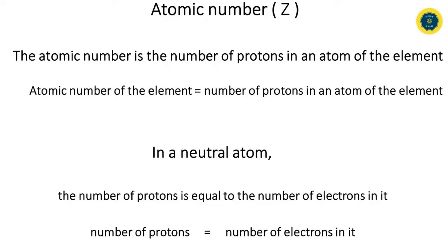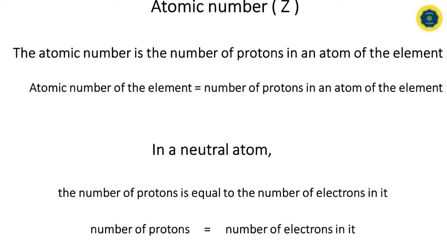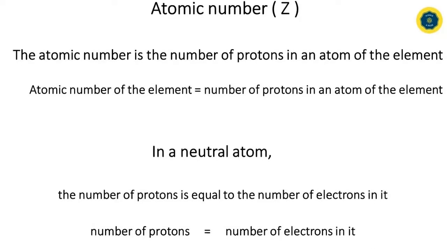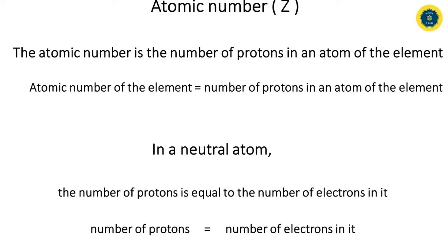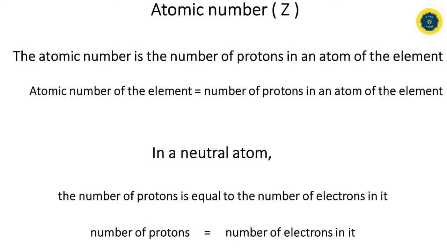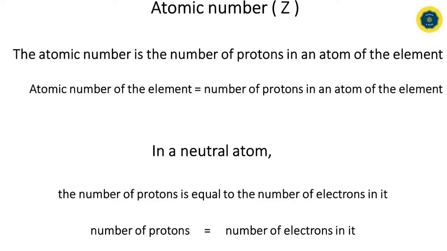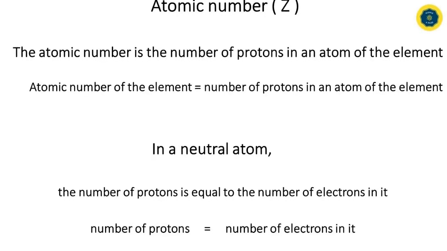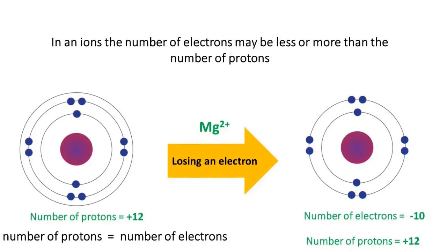Atomic number. The atomic number is the number of protons in an element's atom. In a neutral atom, the number of protons is equal to the number of electrons in it. In cations, the number of electrons is less than the number of protons.